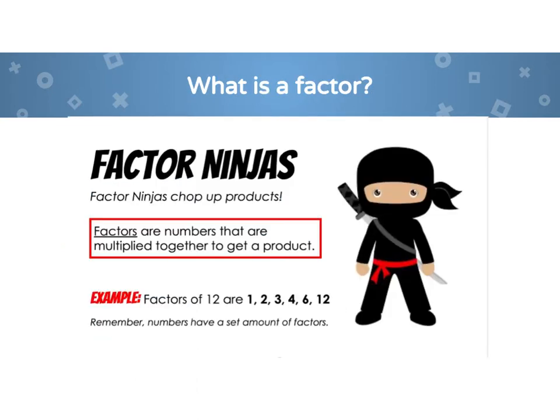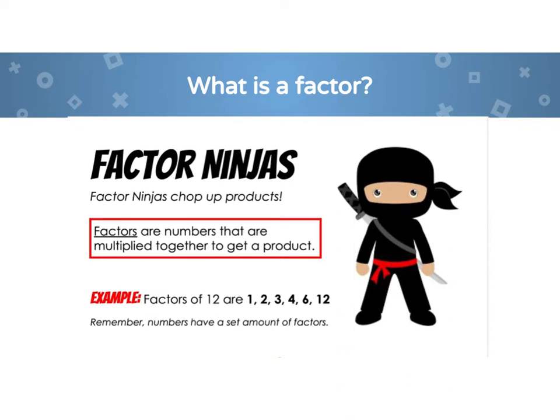It's important to remember what a factor is. We talked about this. You've had a lot of online learning about this. So, ninja factors, factor ninjas. A factor ninja chops up the product, the answer. So factors are numbers that are multiplied together to get a product.